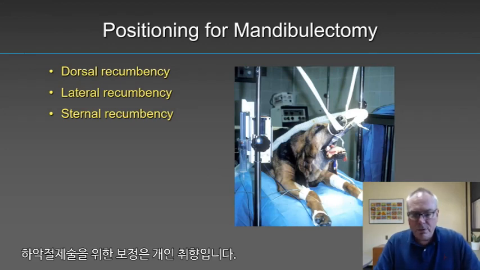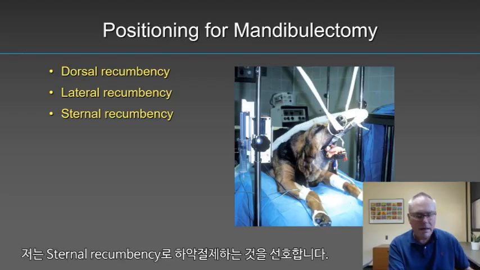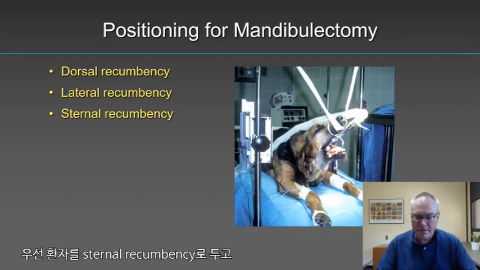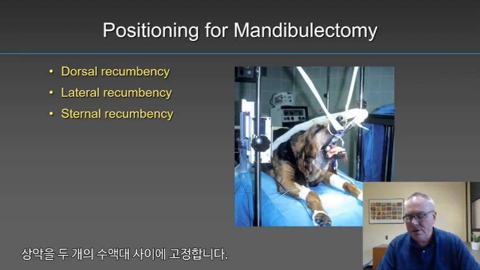So a few words about positioning. Positioning for a mandibulectomy is largely a matter of personal preference. I like to do my mandibulectomies with the animal in sternal recumbency, and the way we position them is as follows. We put them in sternal recumbency and then we secure the maxilla between two IV poles.